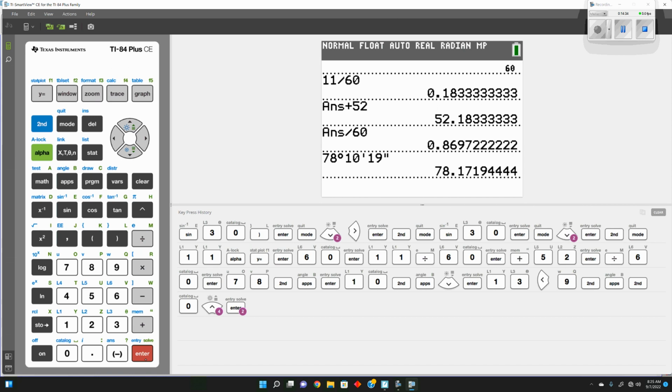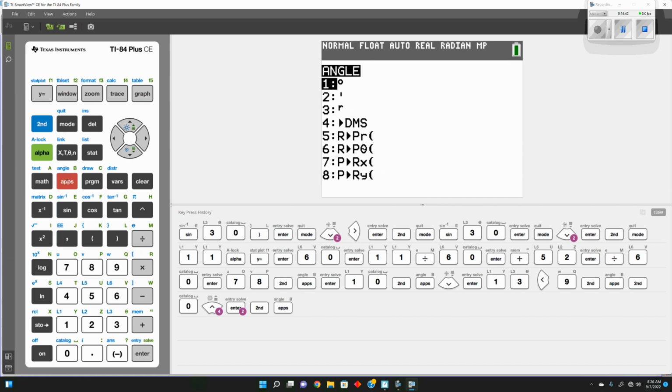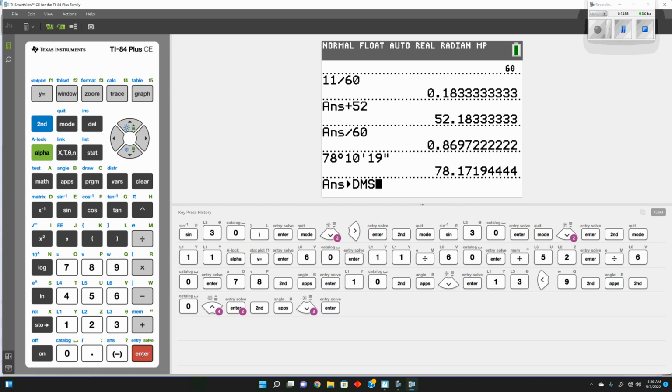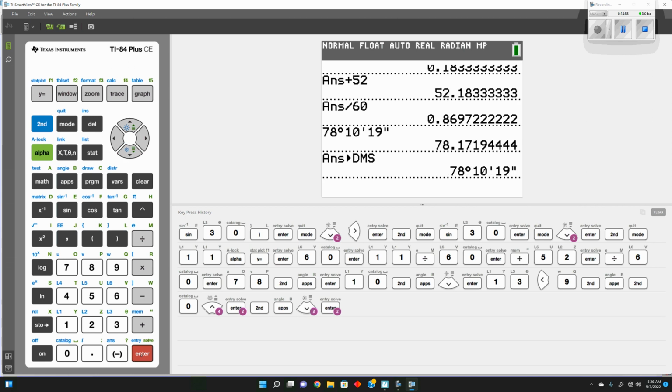We need to see how we can convert it back to degrees, minutes, seconds. Probably some of you already noticed when we went second angle, the fourth one down is DMS, degrees, minutes, seconds. So it'll convert it back.